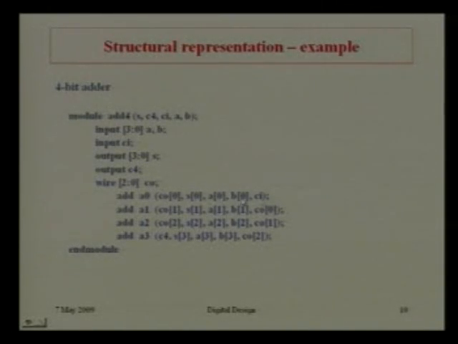For the first module, this is the carry in CI, A0, B0, then carry out and sum. Then the second module has carry out 1 and sum 1, these are the two operands, and this is the first intermediate carry output. Then the second intermediate carry output; these are the third bit and the fourth bit, and the final carry out is C4.